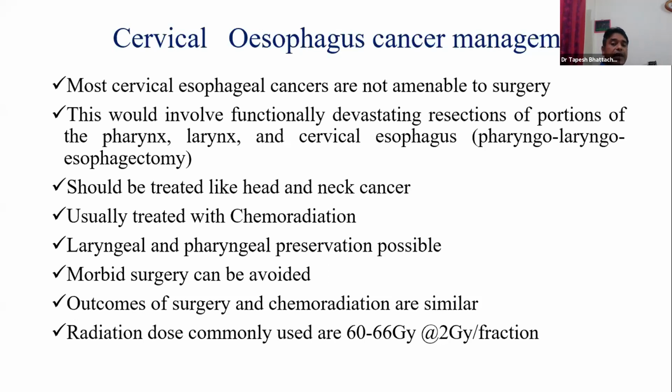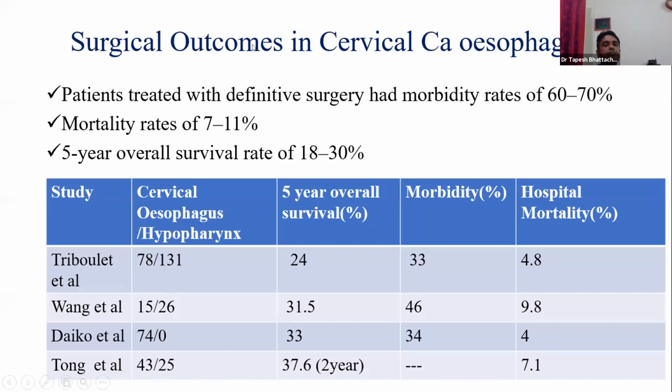Outcomes of surgery and chemoradiation are similar, which I will show in my next slide. The radiation dose commonly used is 60 to 66 gray at 2 gray per fraction. These points are all important, because this is the way we have to manage cervical esophageal cancer. So let's see the data. These are the surgical outcomes.